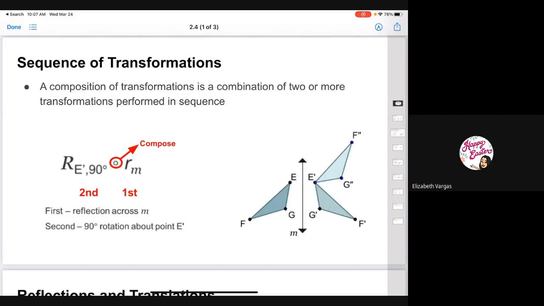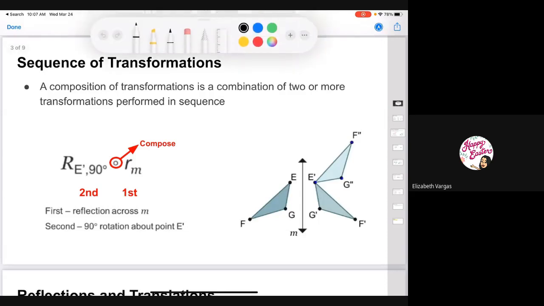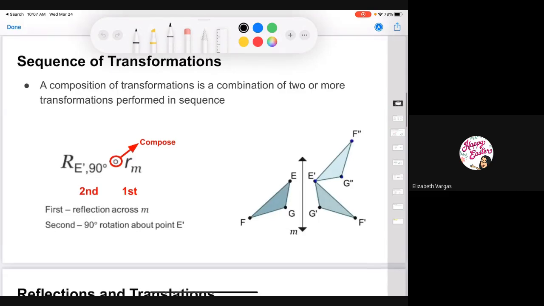The way that we read compositions is from right to left. So the rightmost transformation always goes first and then the leftmost. That means the reflection would go first and then the rotation. So we read compositions the opposite way in which we normally read text, from the rightmost to the leftmost.